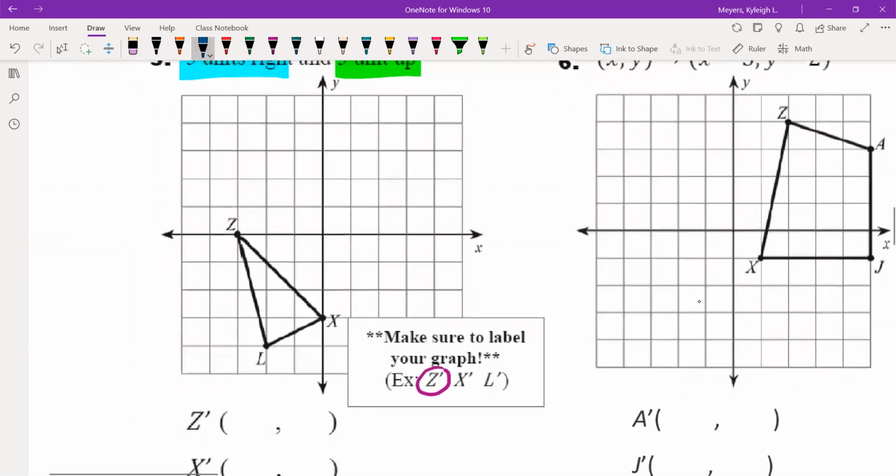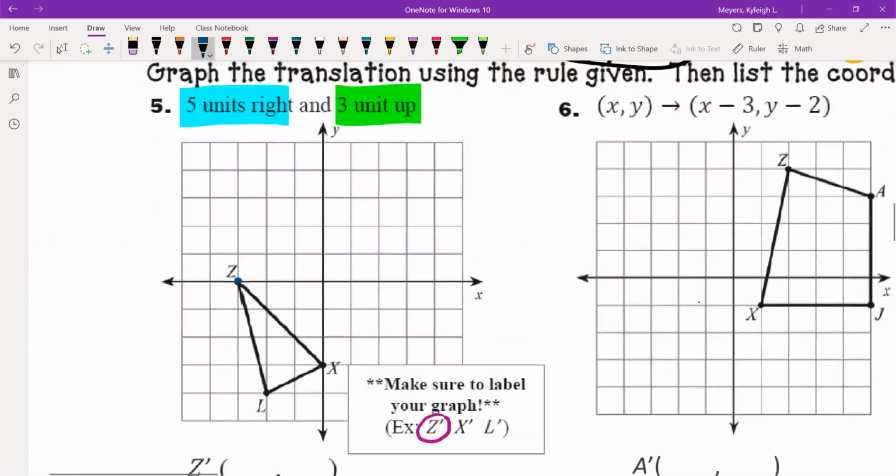So I'm going to take this Z and I'm going to go to the right 5 units. 1, 2, 3, 4, 5. I'm going to go up 3. 1, 2, 3. And that's where I'm going to put my dot for Z with my apostrophe. Okay, so now I'm going to do the same thing.